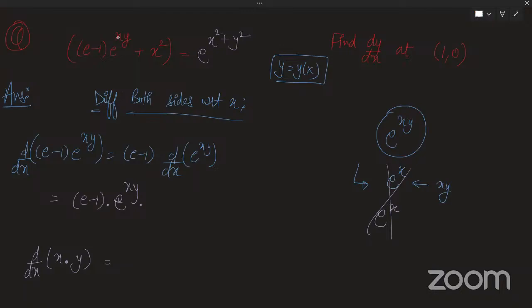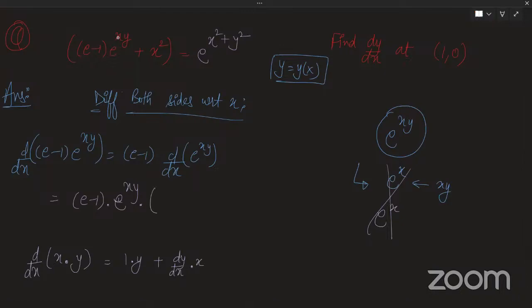Differentiate one term and keep the second term as it is. So over here you have d by dx of x into y. If I differentiate the first term, the derivative of x with respect to x is 1. So 1 into y plus dy by dx into x.